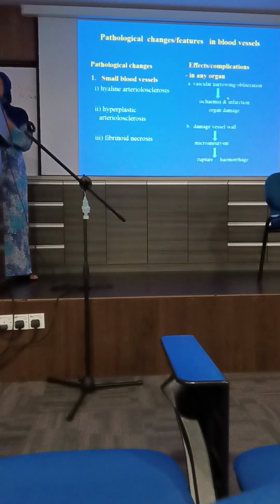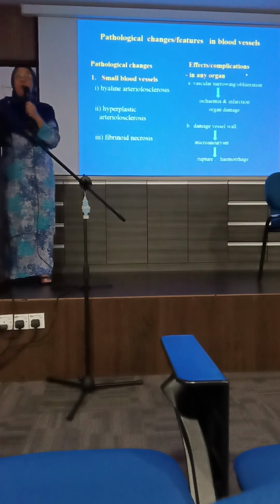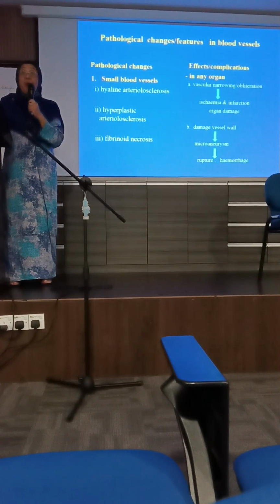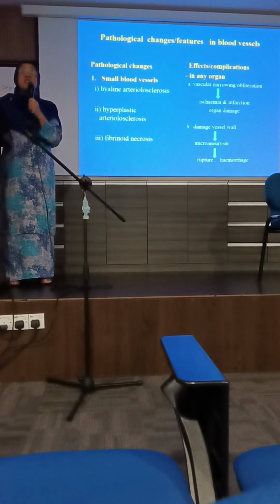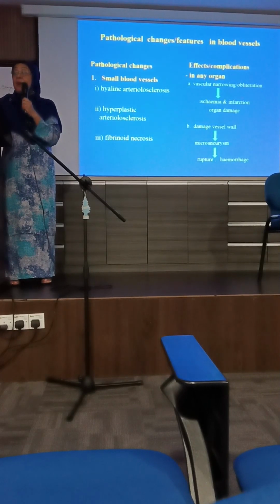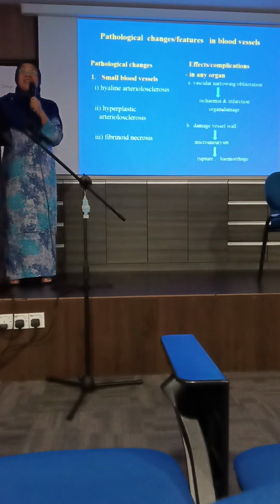Because of the thickening of the wall, it leads to vascular narrowing. Vascular narrowing or obliteration lead to reduced blood flow. Reduced blood flow leads to reduced oxygen delivery to that organ, and therefore it can lead to cell death.